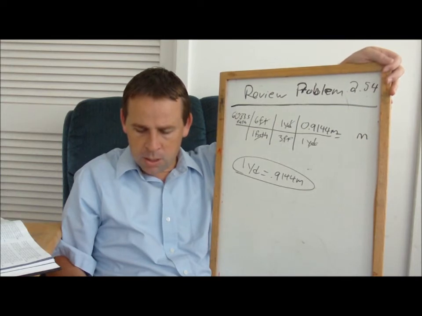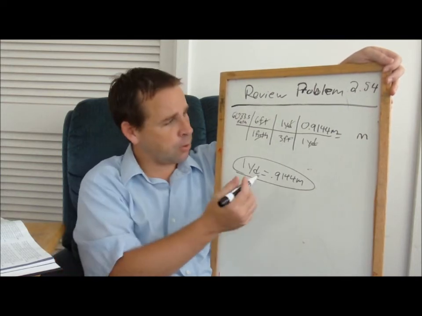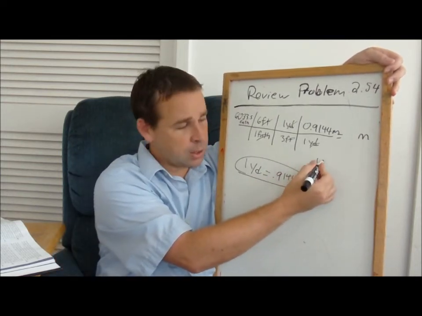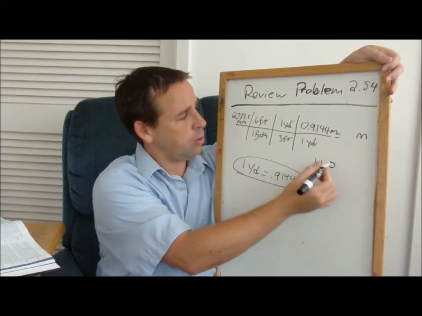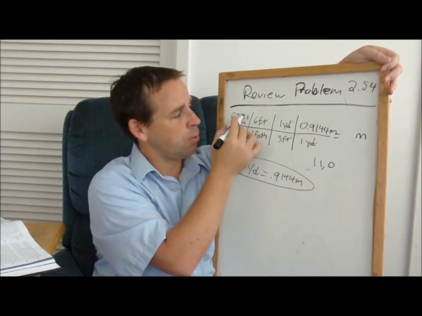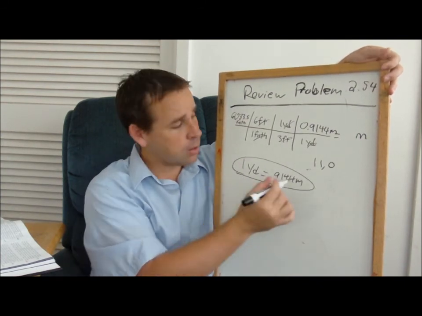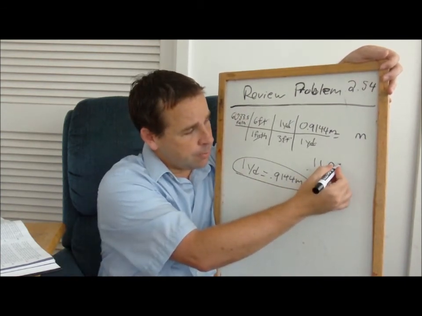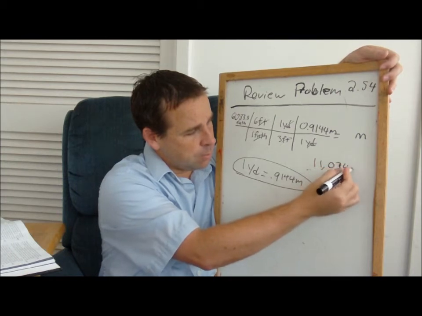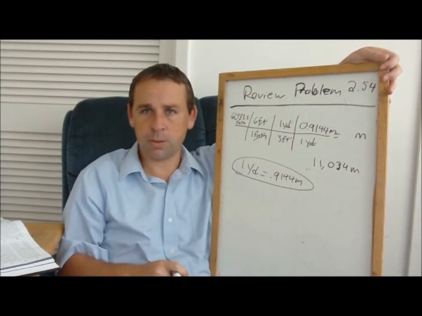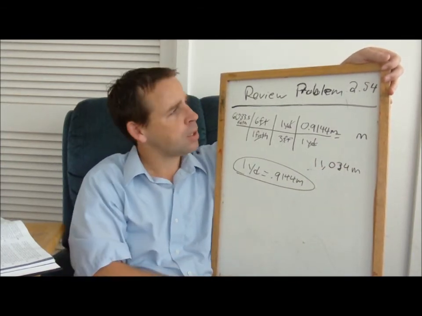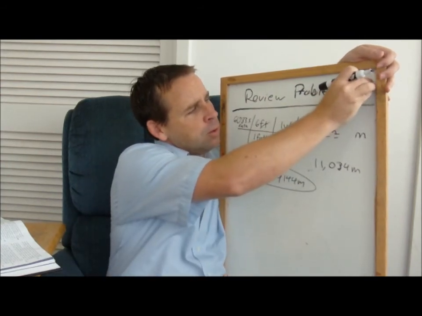Alright, so it says 11,034. So we have an answer of 11,034 meters, and 1, 2, 3, 4, 5 significant digits is what we started with. So 11,034. Alright, very good. That's number 254.